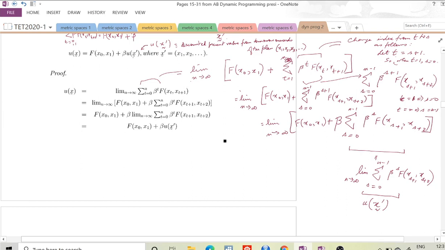Okay, the only reason we've replaced the t equals 1 with the t equals 0 is because the u that is defined here, the discounted present value of the series, is defined over sums from t equals 0. And the reason it doesn't matter is that whether you start from t equals 0 or t equals 1, you're going into the infinite horizon, that's what counts. Okay, and you can see this from this equivalence argument.